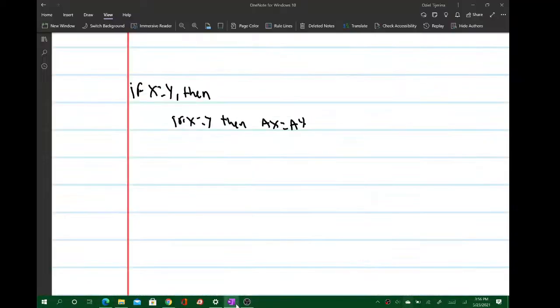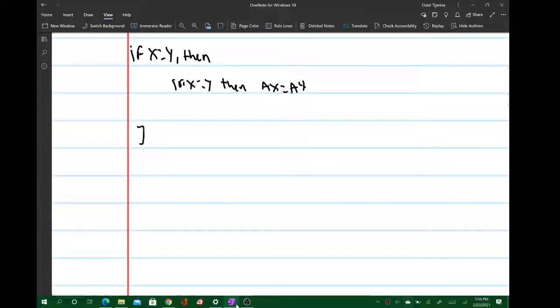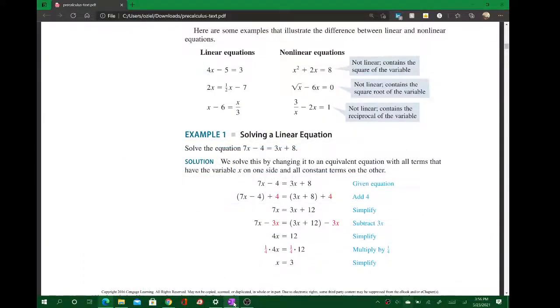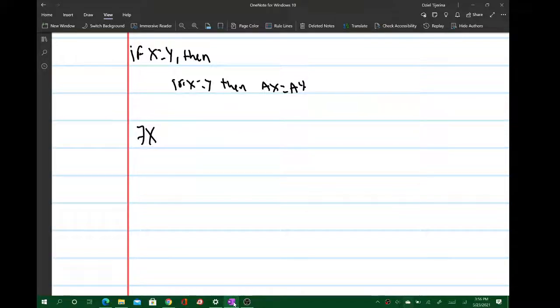In example 1, we have 7x minus 4 equals 3x plus 8. To solve for x, you would subtract 3x on both sides and get 4x minus 4 equals 8, right?